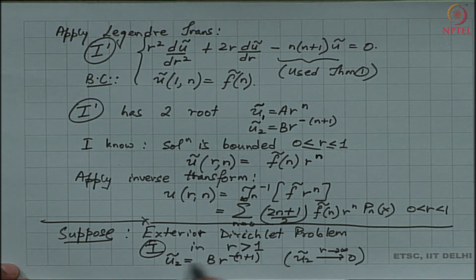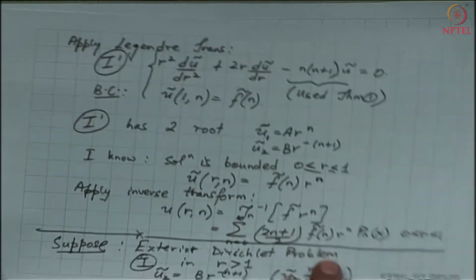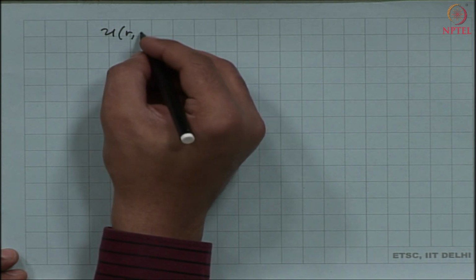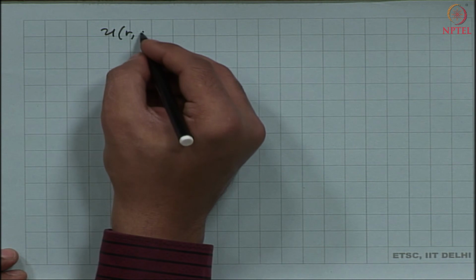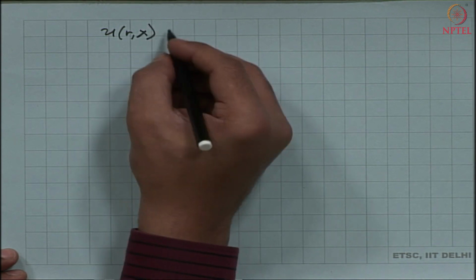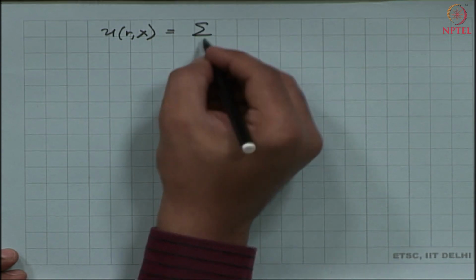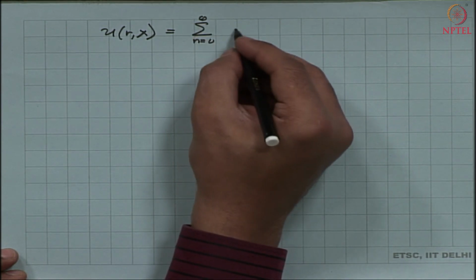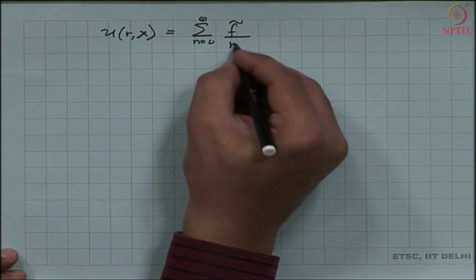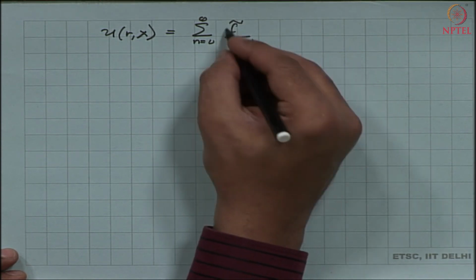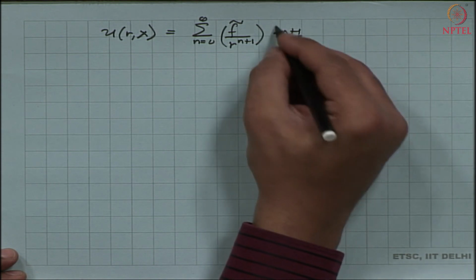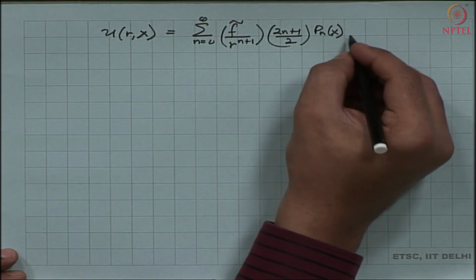So, in the exterior Dirichlet problem I have to take this second function as my root, and then my solution u(r, x) is the inverse transform: the sum over n from 0 to infinity of f̃(n) divided by r to the power n+1, times (2n+1)/2, times P_n(x).